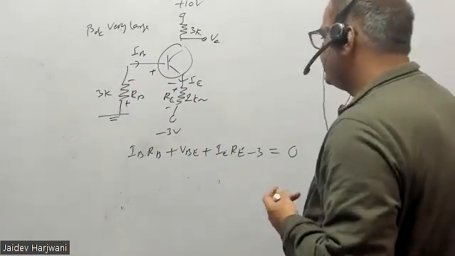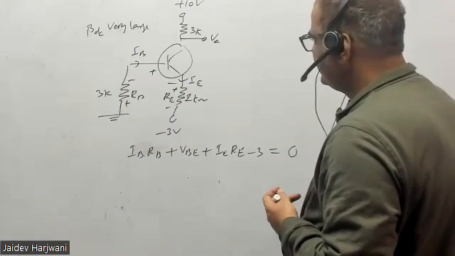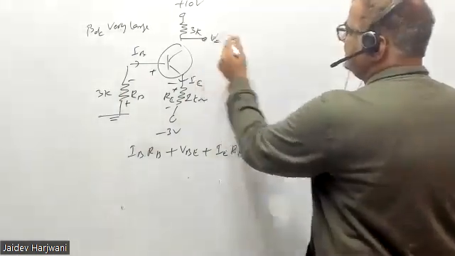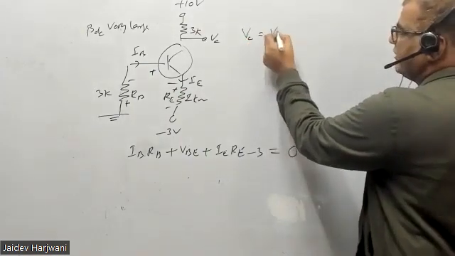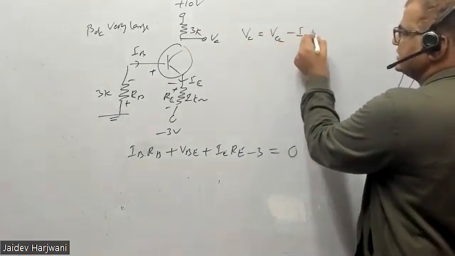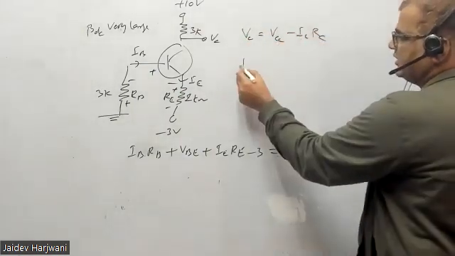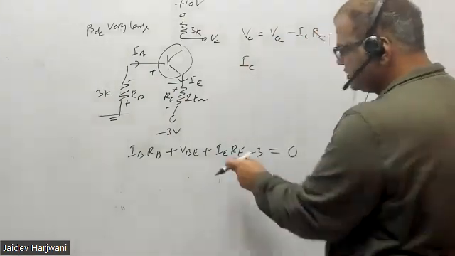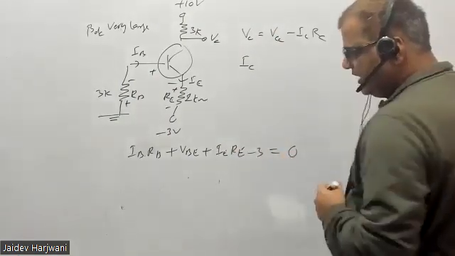Okay. Now the question is, what do you have to find? You want to find VC. So VC will be only VCC minus IC RC, so you want IC. Now from this equation, you can calculate IE.